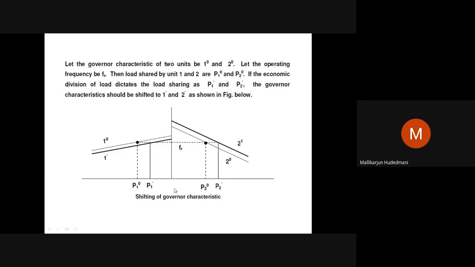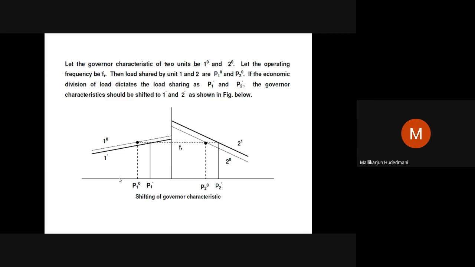As the load increases, naturally there is a fall in frequency. That fall in frequency has to be coped with by these two generators according to their proportion of regulation and capacities. Therefore, the solid lines show how they will change their points. Suppose there is a governor in each machine. The governor dictates that it should not compromise the frequency, but should change the output of the generator by compensating the mechanical input to the turbine.